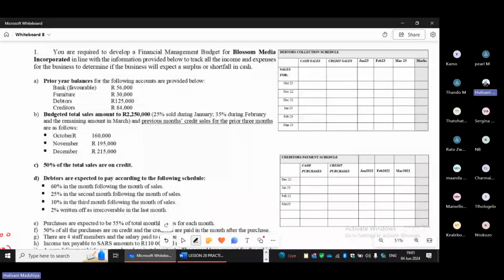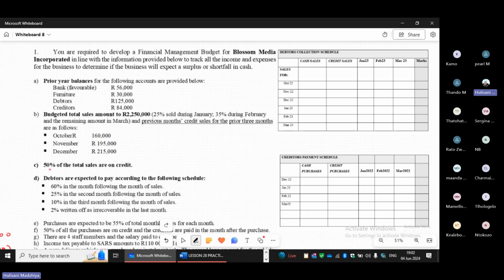Credit sales for the prior 3 months are as follows: October 160,000, November 195,000, December 215,000. These are credit sales amounts, not total sales, for these specific months.